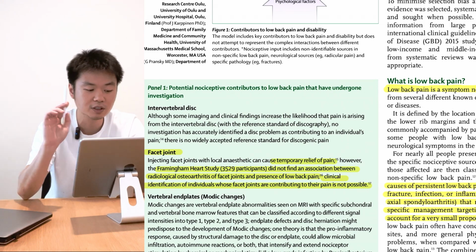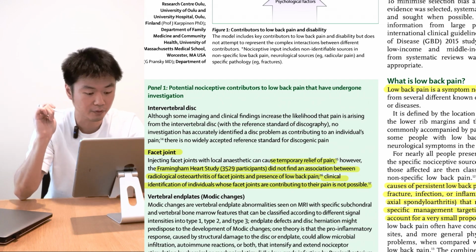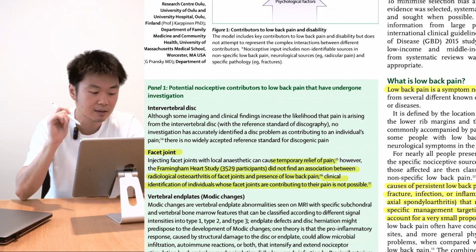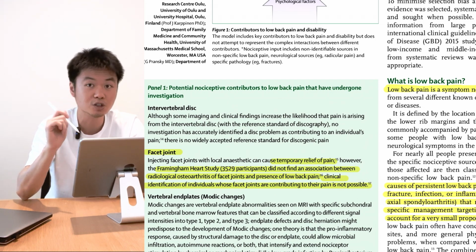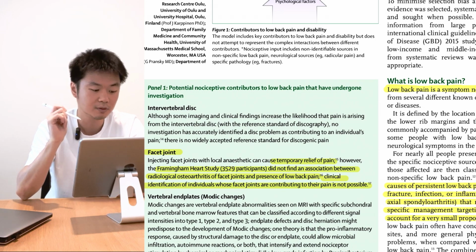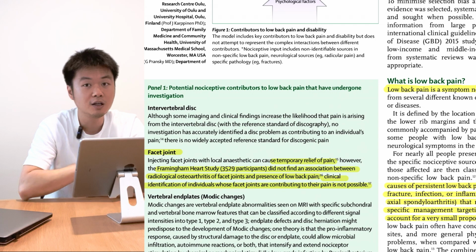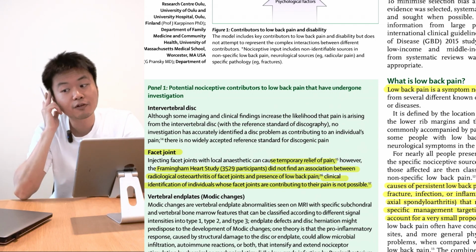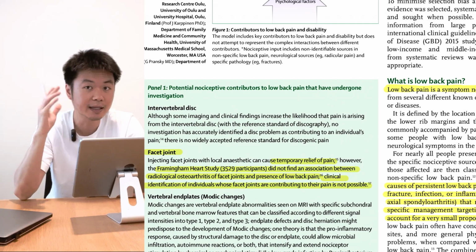Okay? No association between degeneration of the facet joint and presence of low back pain. And clinical identification of individuals whose facet joints are contributing to their pain is not possible. So for those who think that cracking helps, maybe it helps in another way.